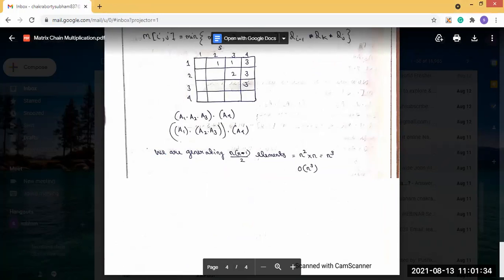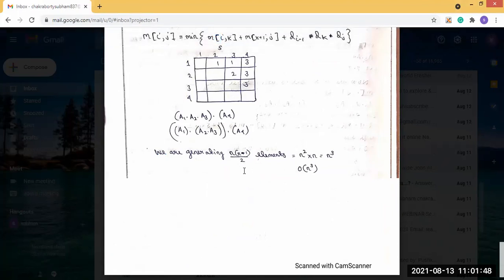Now, if we see the table, we are generating n(n-1)/2 elements, which is order n squared. For each element we do up to n work, so n squared into n gives n cube.